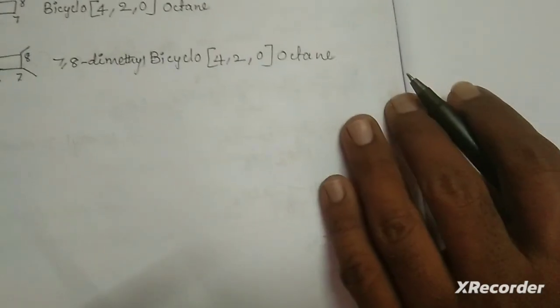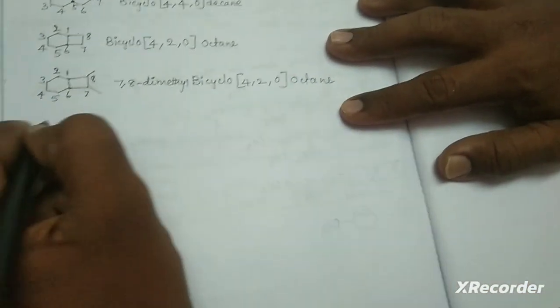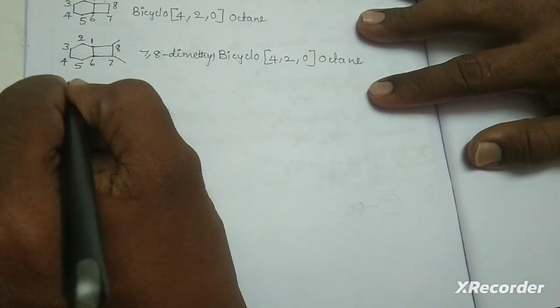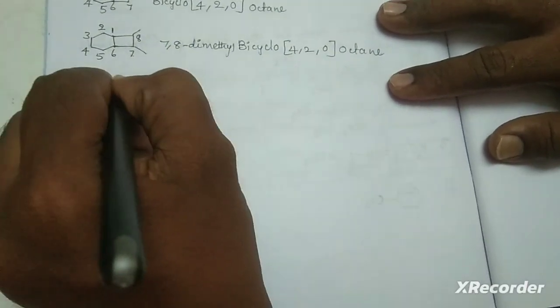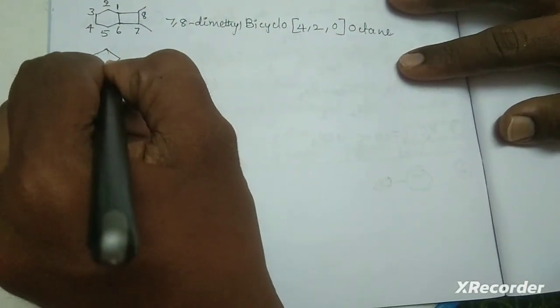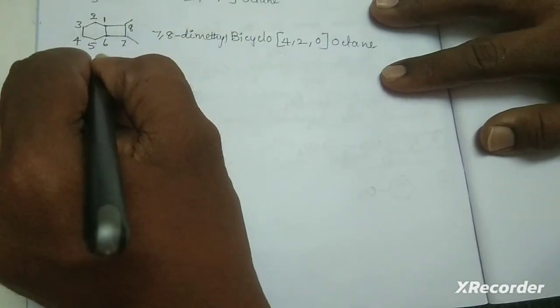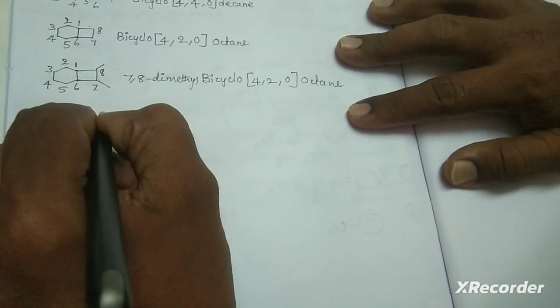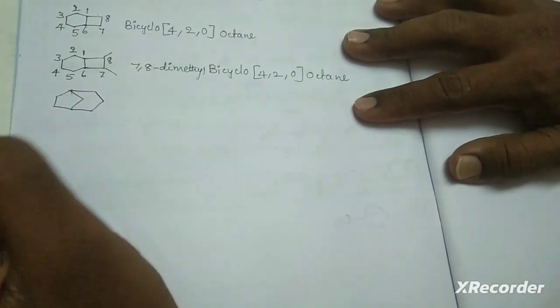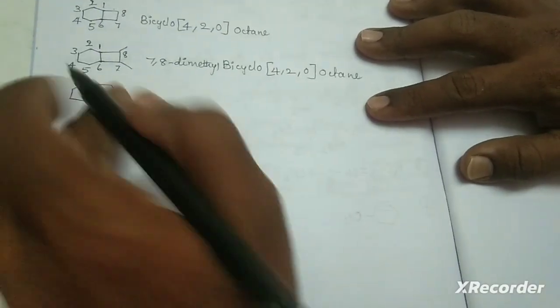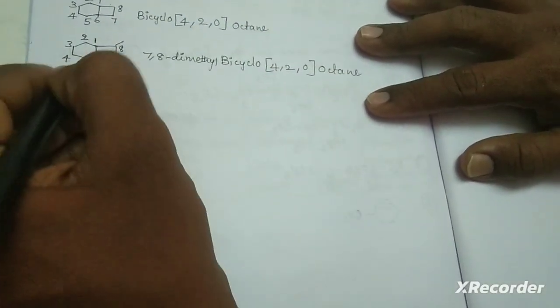I hope you understand. Practice more compounds, then it will be easy to remember. So for example, this is one bicyclic compound.